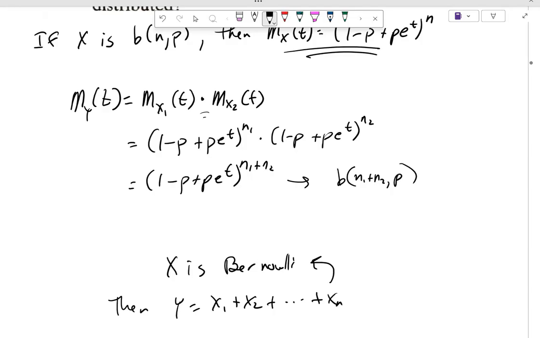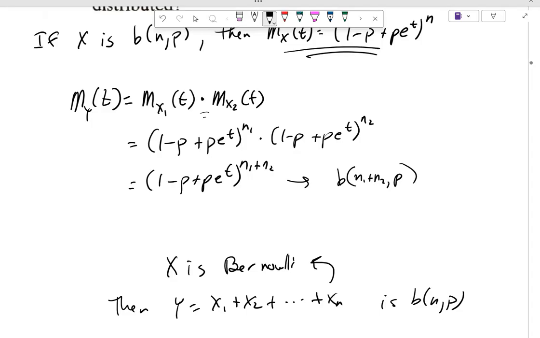Well, Bernoulli can be thought of as a binomial where your n is 1. This is going to be binomial with n and p. So a sum of Bernoullis is a binomial. The reason why is because, remember, your moment generating function for a Bernoulli was just this, right? It was that to the first power. When I multiplied a bunch together, I just multiplied it by itself n times. So a sum of independent Bernoullis is binomial.